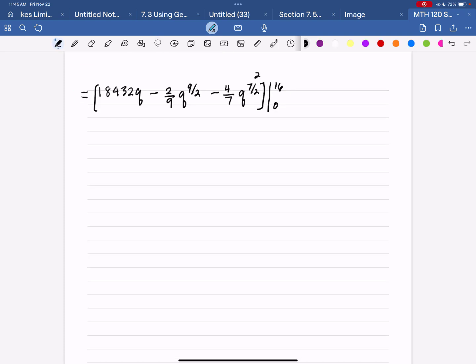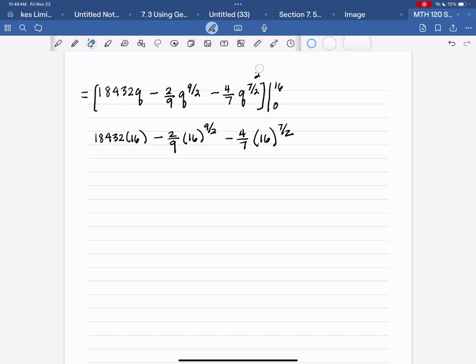So let's evaluate this. First at 16, 18,432 times 16 minus 2/9, 16 to the 9/2 minus 4/7, 16 to the 7/2.